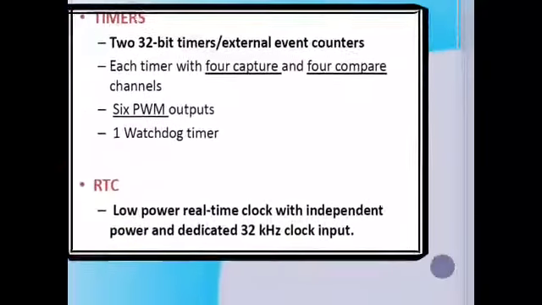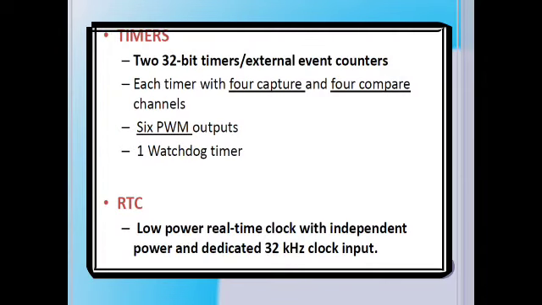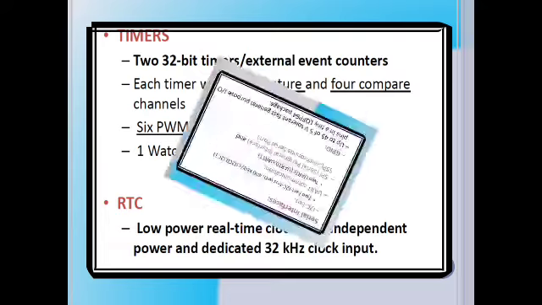It has 2 timers, timer 0 and timer 1, each timer with 4 capture and 4 compare channels, with 6 PWM outputs and 1 watchdog timer. It has a low power real-time clock with independent power and a dedicated 32 kHz clock input.